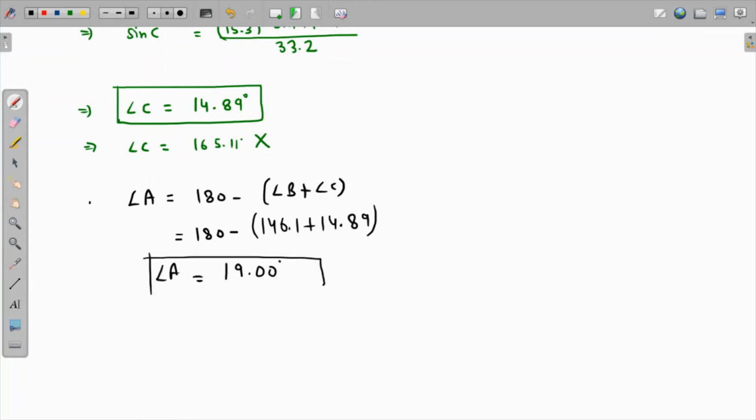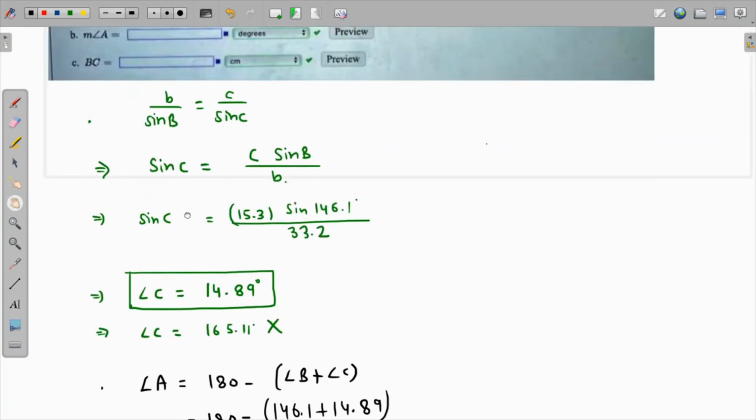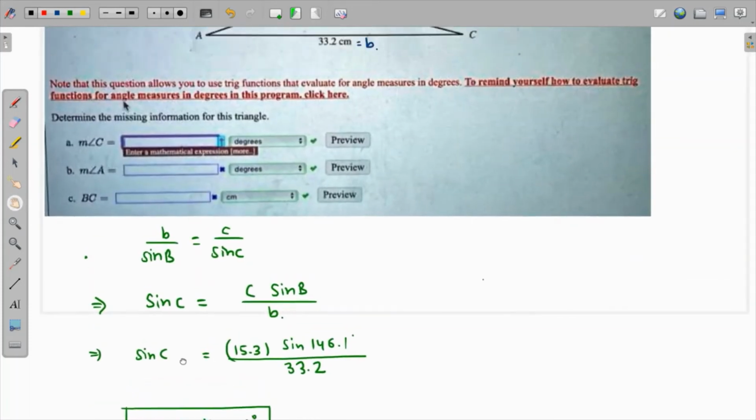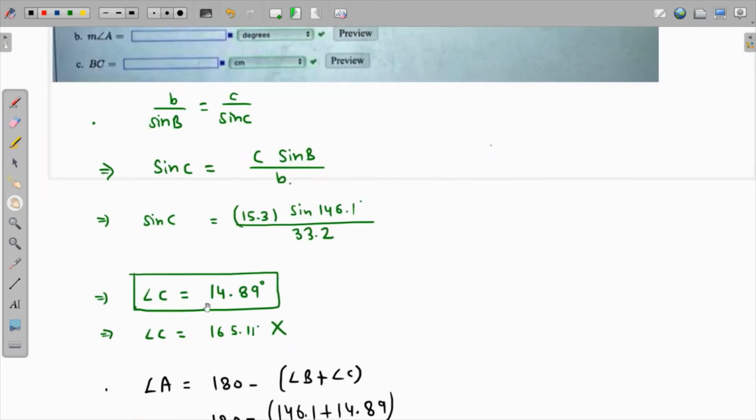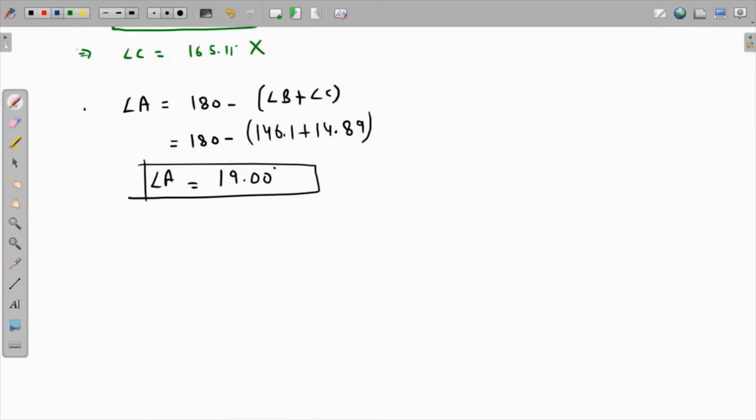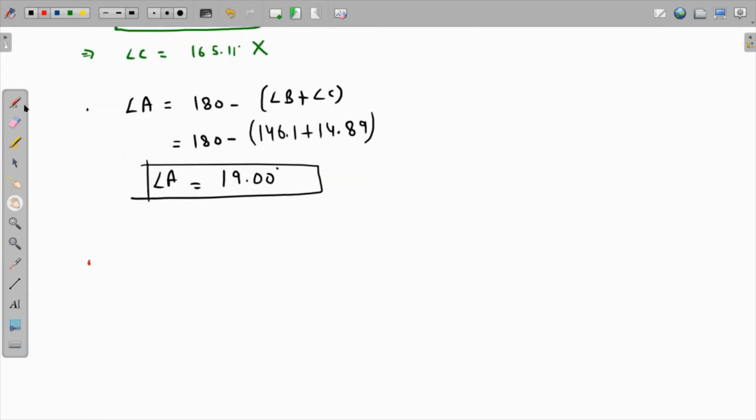And finally, we need to find the value of side A. For that, we are again going to use the law of sines. So this time, we are going to take the ratio having A as well, because we need to find side A. So we are going to write B over sine B is equal to A over sine A. What is B?